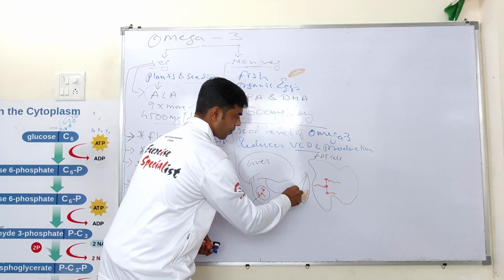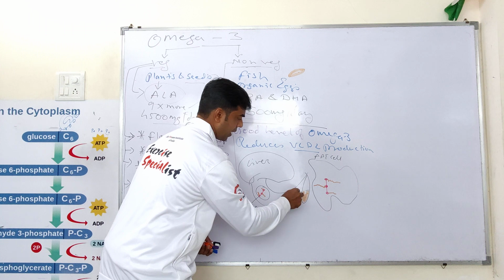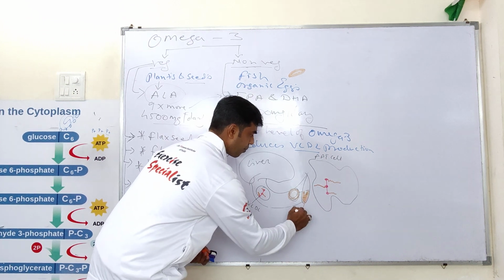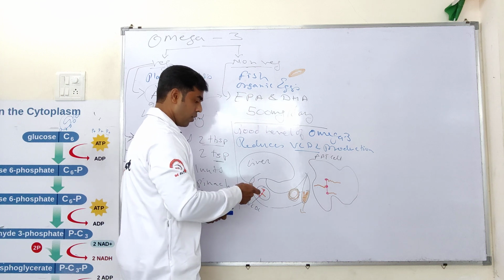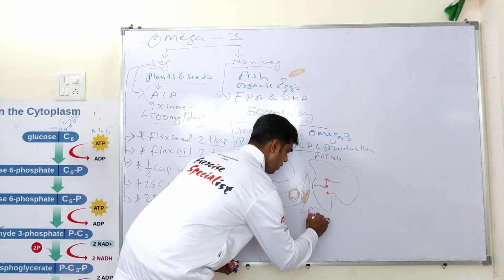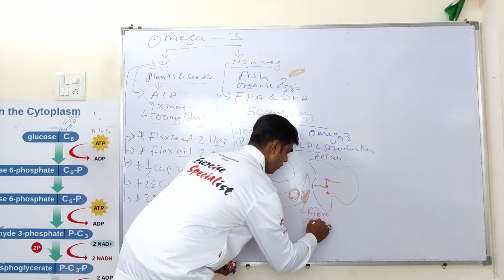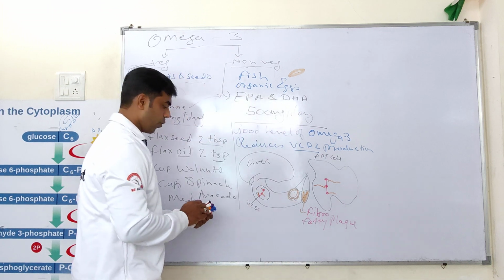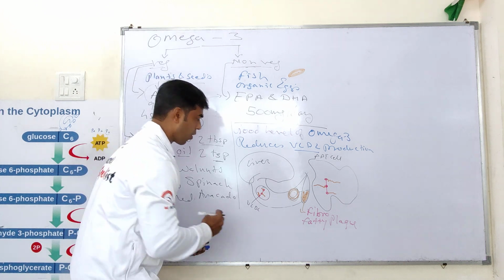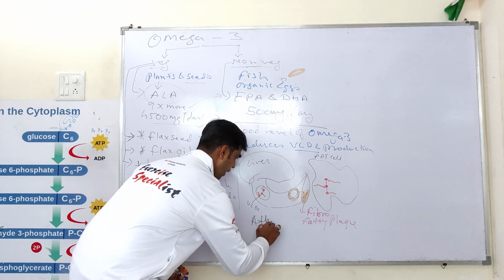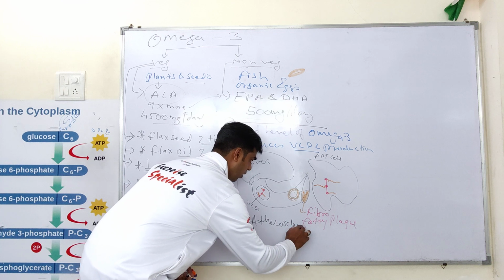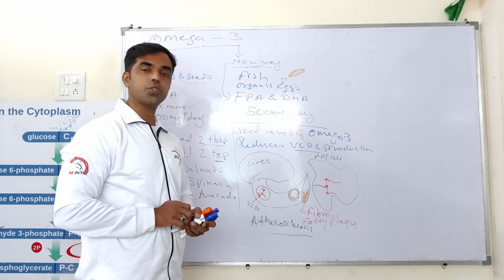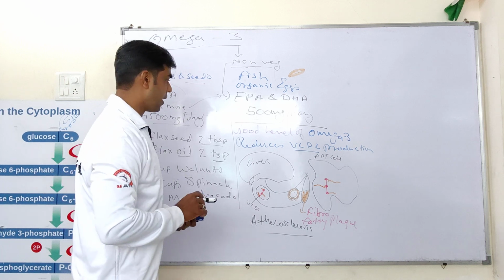These VLDL vesicles will accumulate here and create a plaque that is called fibrofatty plaque, known as the disease called atherosclerosis, right? And this is going to be the most dangerous condition, right?